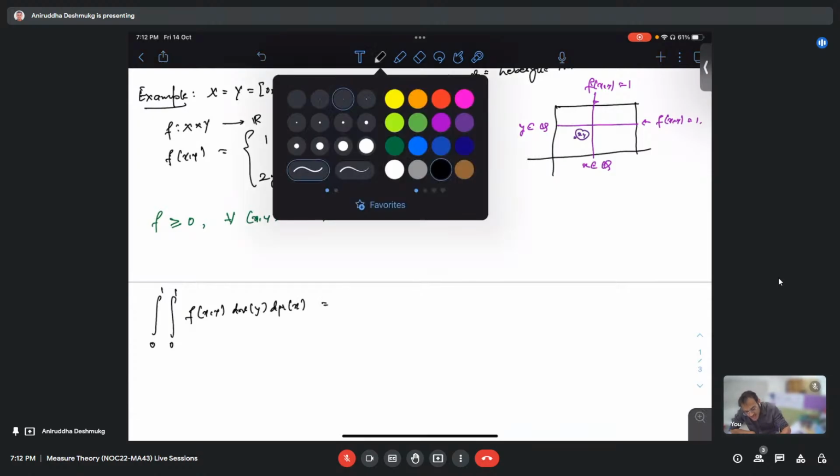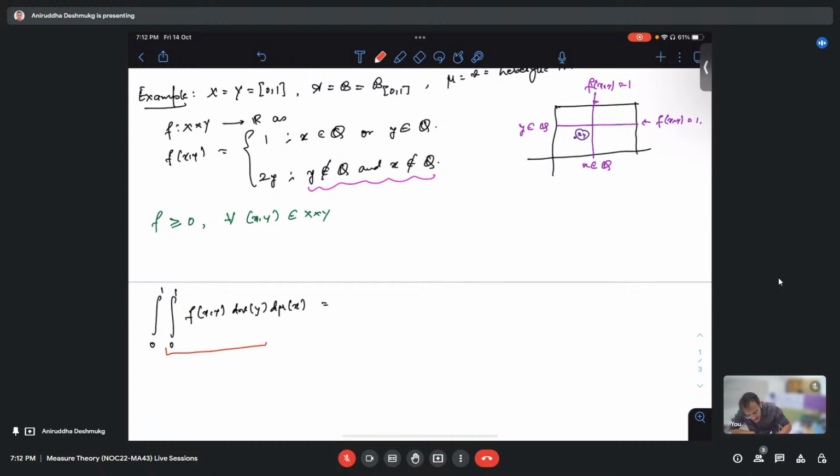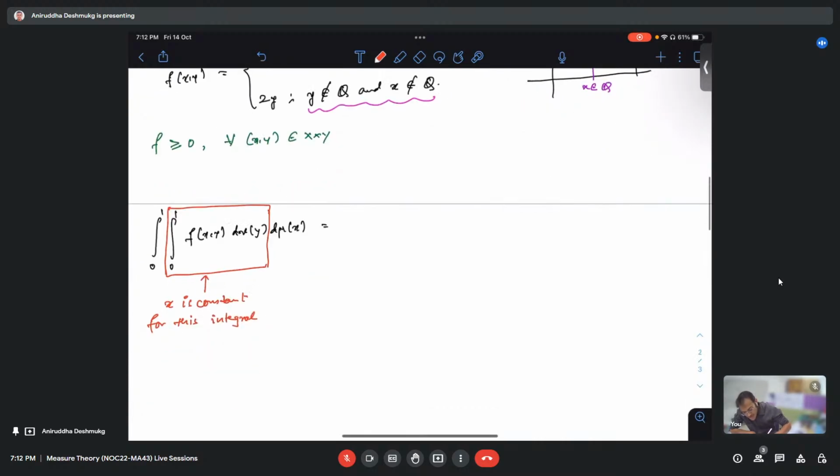In the inner integral, x is constant for this integral. There are only two possibilities for this x: either x is a rational number or x is an irrational number, and both cannot hold together, because an element cannot be inside the set and outside the set together.